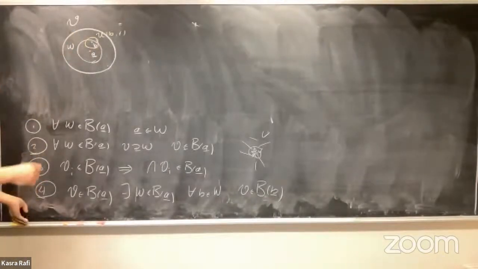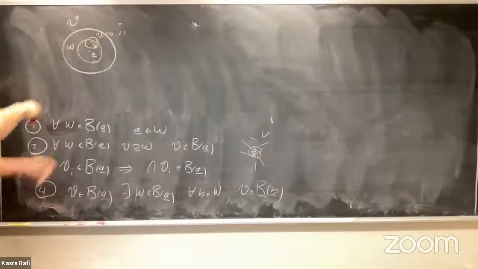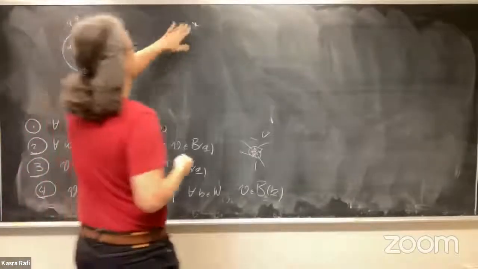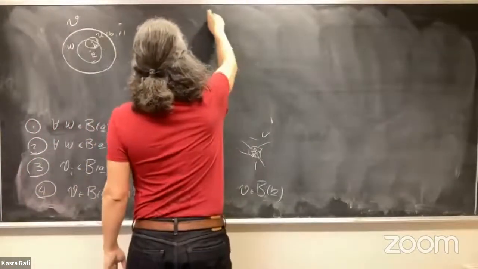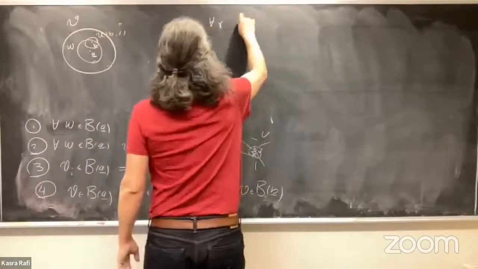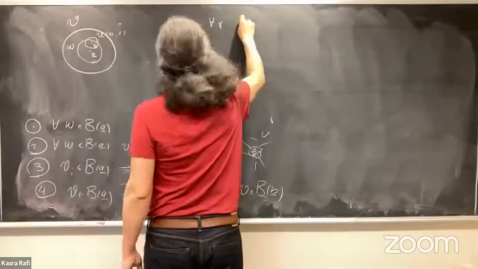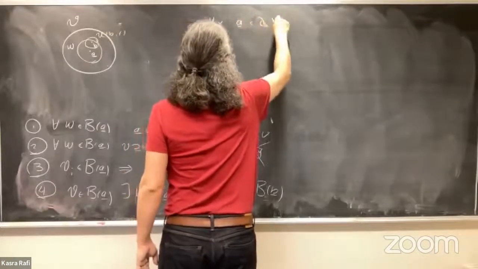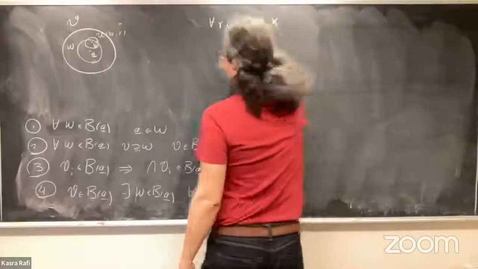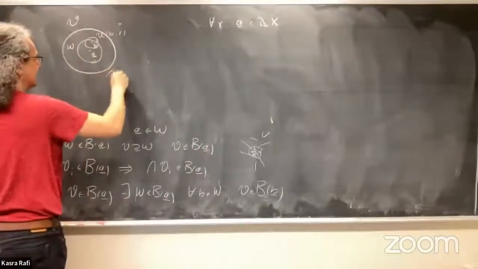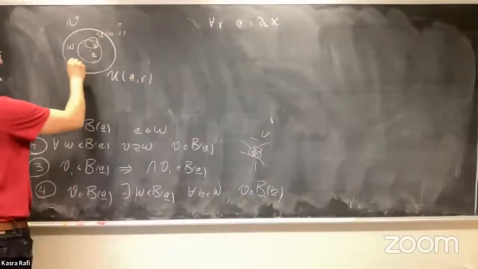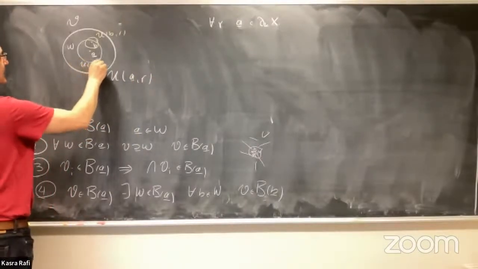So let's just write this down. I could pick all of these to be of the form U B R, because I can expand into something bigger. So this last one says that for every R and A in the kappa boundary, this big one I'm going to think of as U A R. This other one, I'm going to think of as U A R prime.